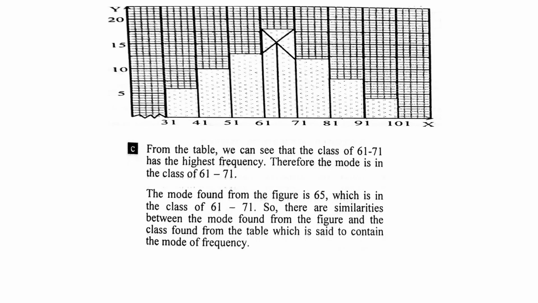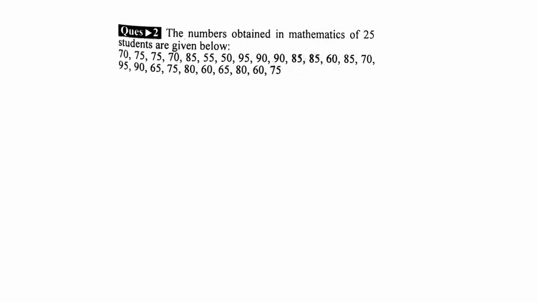Now, the second creative question. The numbers obtained in mathematics by 25 students are given below: 70, 75, 75, 70, 85, and lastly 60 and 75.